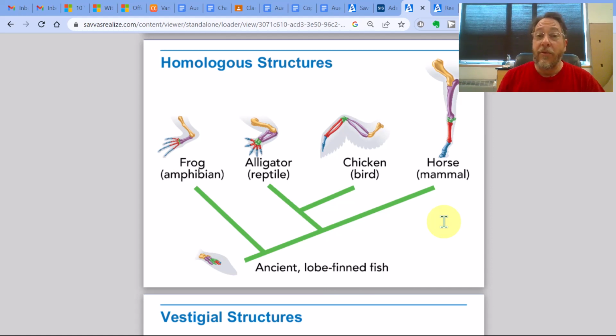And that tells us that we all share a common ancestor, because evolution never starts over with a new bone structure. It just changes the one that exists. And that is one important lesson to learn that is featured in 17.4, which is what we're talking about today.